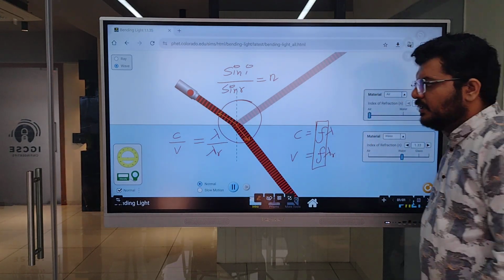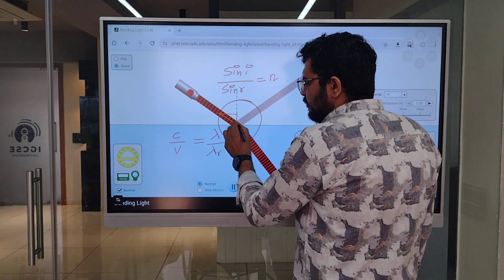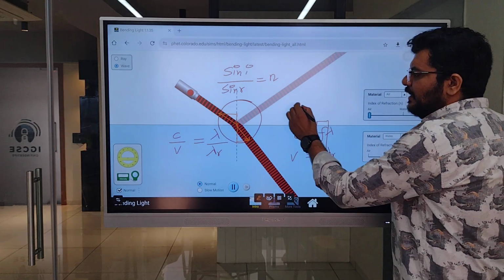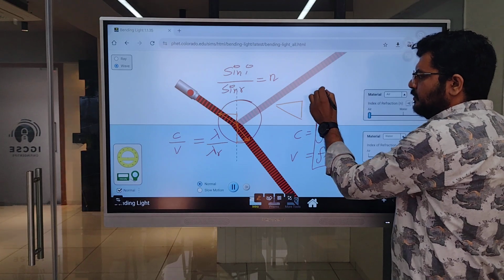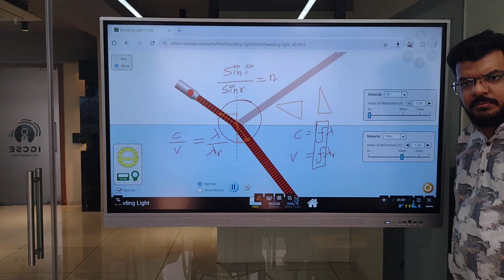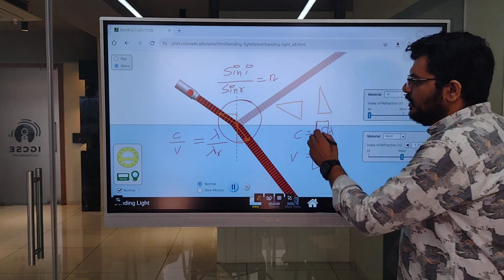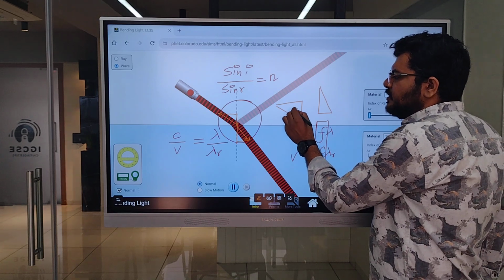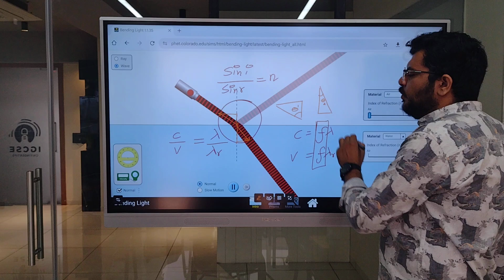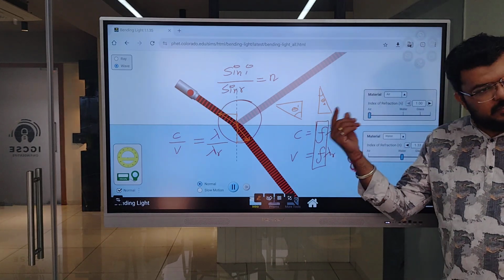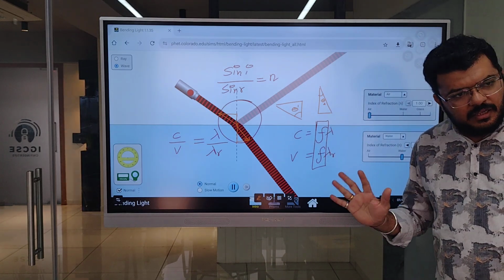And if I make a triangle like this, does this appear? What has happened? The angle of each of the triangles, so let's say this is theta 1 and this is theta 2. The angles of both the triangles are different to the normal.